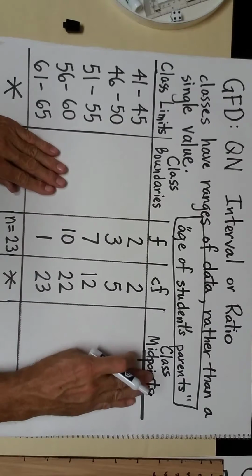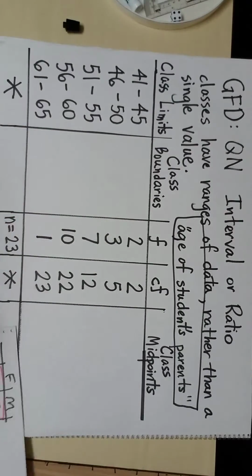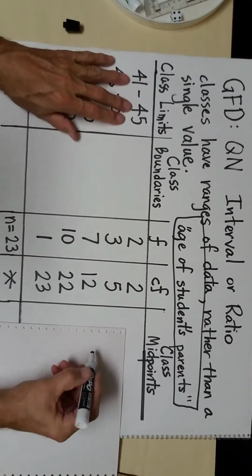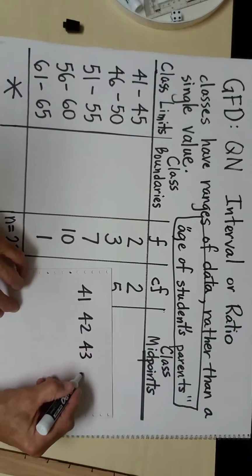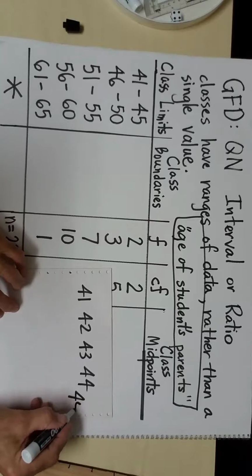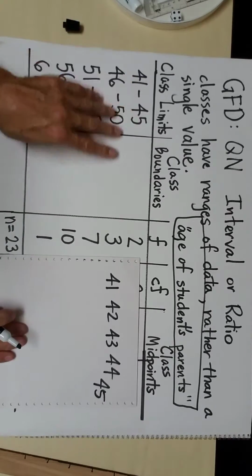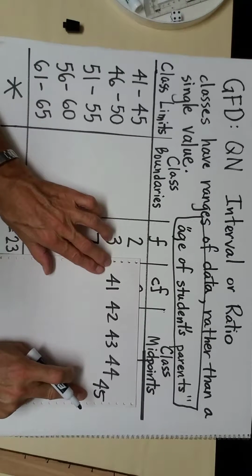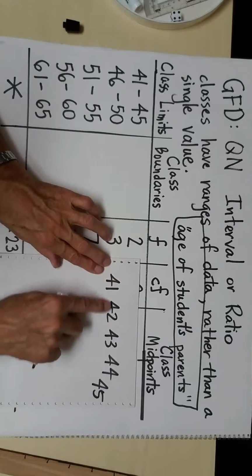Now I'll go over to class midpoints. Use a separate piece of paper here. The numbers 41 through 45, if I list them, 41, 42, 43, 44, 45. There are 5 numbers here. Since there are 5 numbers, this is called the class width. What I'm concerned with is where is the midpoint or the middle value in this group?